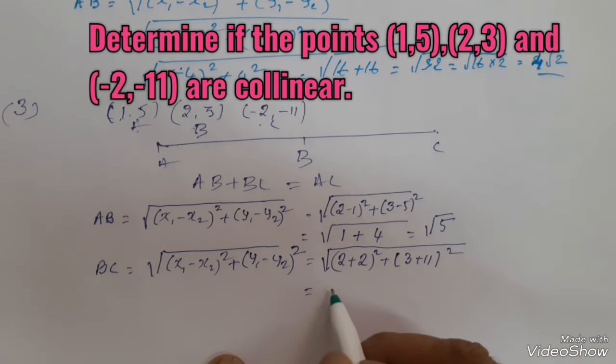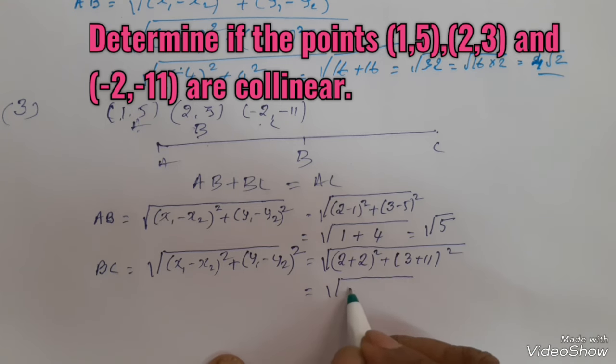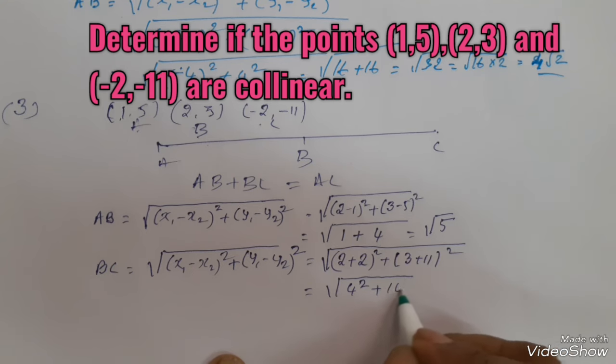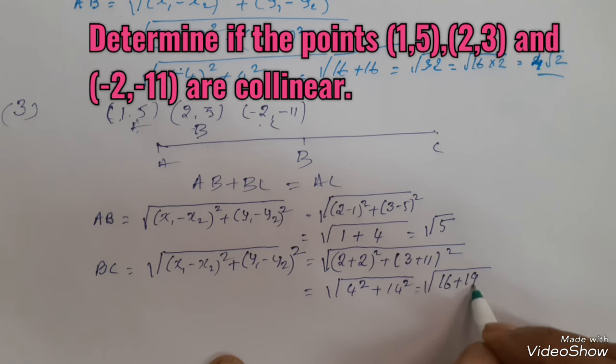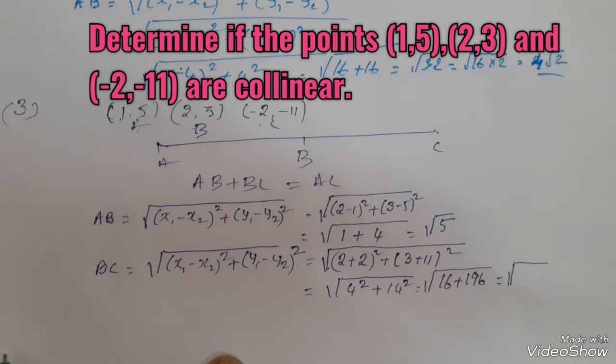Then we get square root of 4 square plus 14 square. 14 square is 196, and if we add them, the length of BC is square root of 212.